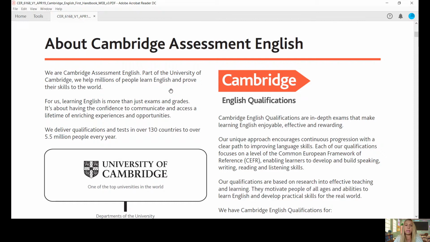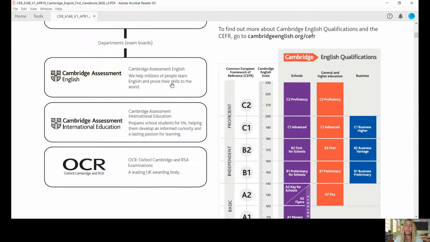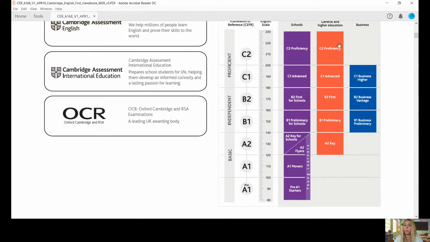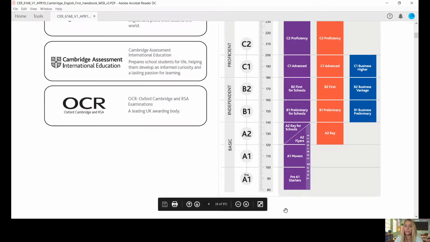Here is a bit of a general introduction about Cambridge assessment, which you can read. Shows you a little bit what to expect in terms of scores. You can see that the Cambridge scale has scores here of different tasks and scores that you can get at each level. So you start with A1, A2, then you go up to B1, B2, and then you go up to C1, C2.